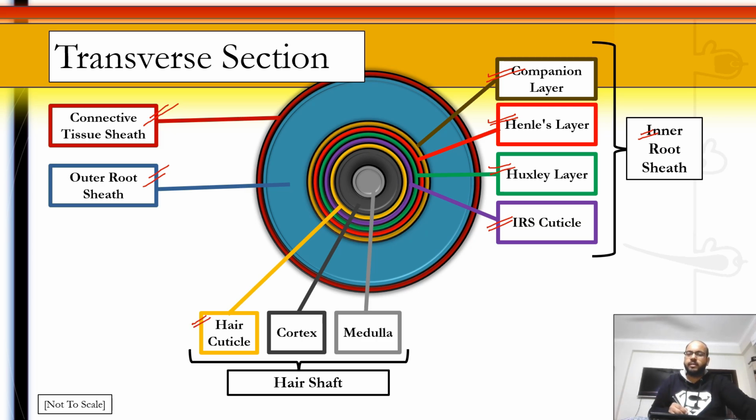We have the hair cuticle, then we have the cortex, and in the center we have the medulla. Now the bulk of the hair follicle is formed by the cortex. This is the thickest layer of the hair shaft. So cortex is the thickest layer of the hair shaft, while the ORS is the thickest layer of the perifollicular unit. Clear? Let's move forward.